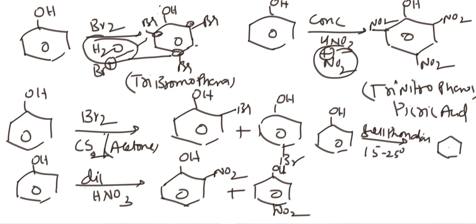Then you are getting the ortho product. And if you want to get the para product, you have to maintain 100 degrees temperature, but only ortho and para, there is no meta, because all these are called aromatic electrophilic substitution reactions. I hope it is clear.